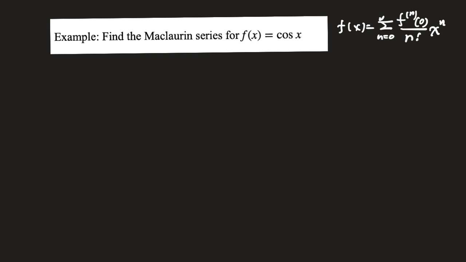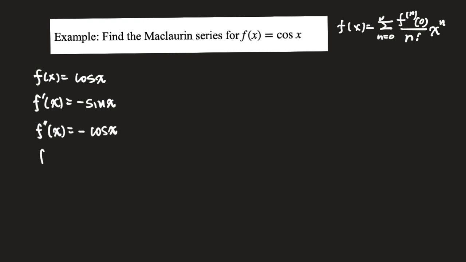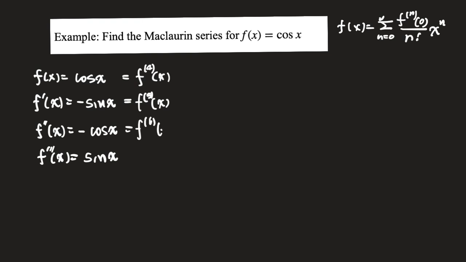This time the function is f of x equals cosine x. f prime of x is negative sine x, the second derivative is negative cosine x, the third derivative is sine x, and then it goes back to cosine. This is the fourth derivative, fifth, sixth, seventh. I think you get the idea.